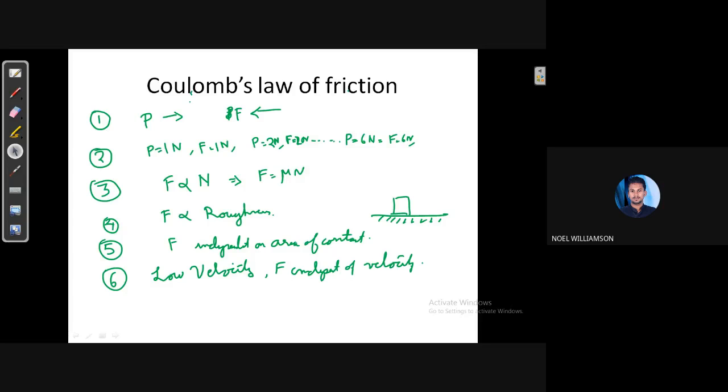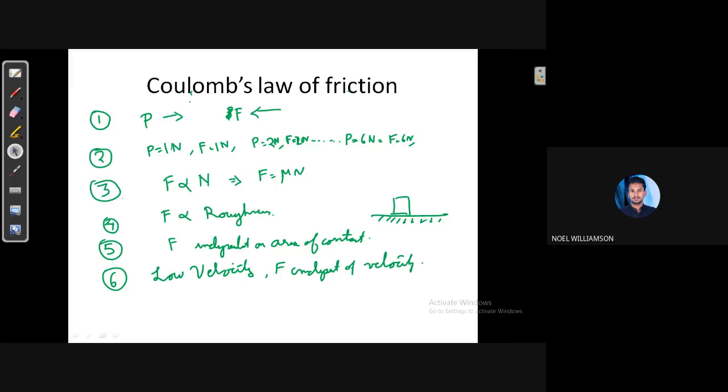Okay, these are the main 6 laws of friction. So first one is, the applied force is in the opposite direction of the frictional force, or we can say the force of friction always acts in a direction opposite to the direction in which the body moves or tends to move. The second one is, till the limiting value is reached, the magnitude of the friction is equal to the force which tends to move the body.